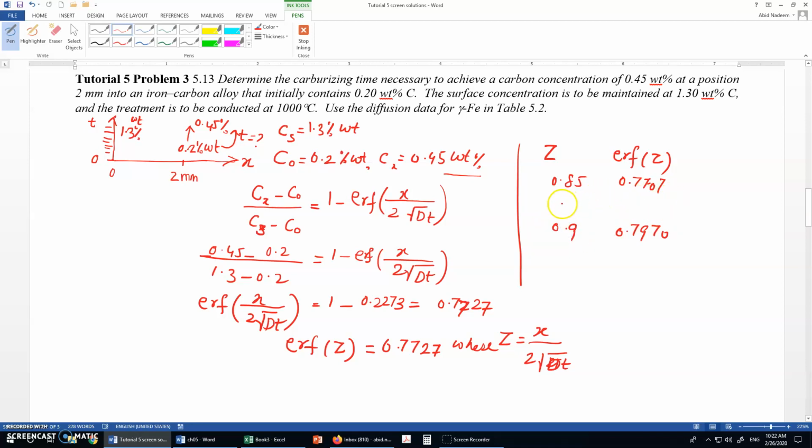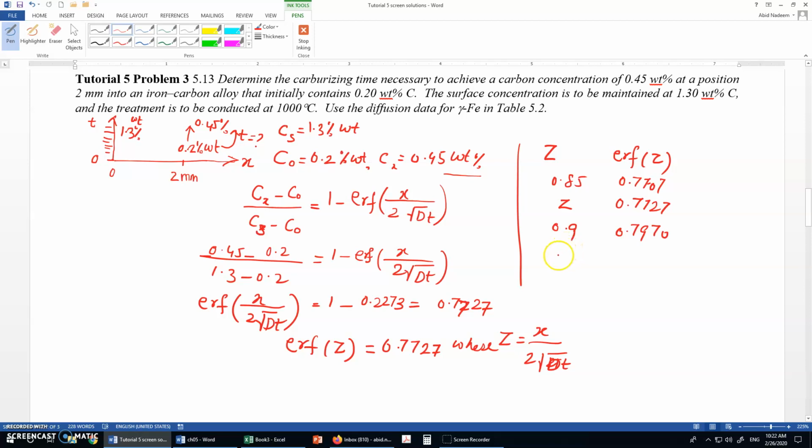So in this case our required value of z will be between 0.85 and 0.9, because we need an error function value equivalent to 0.7727.